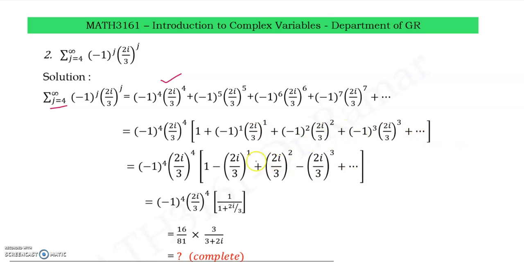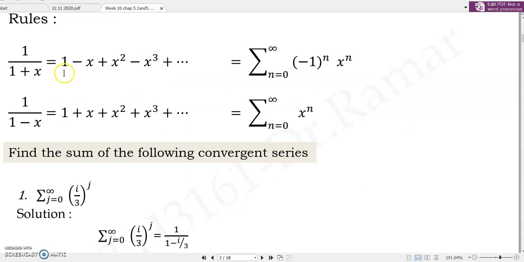Okay. Now after this you compare this with the general rule. Now you see here, 1 minus x plus x squared minus x cubed plus etc. Okay, this is nothing but sigma n equal to 0 to infinity, minus 1 power n, x to the power n. Okay, here you see the changes in sign in alternate terms.